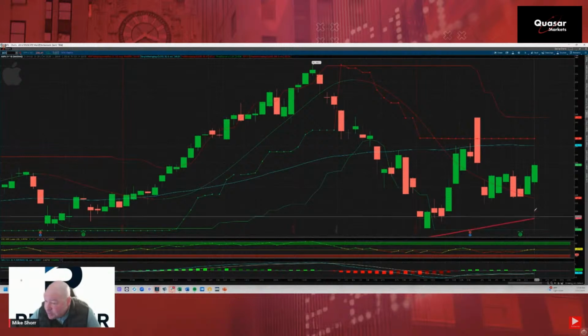So again, range bound between the 50 and the 200. You could play that with an iron condor, but implied volatility is not going to be very high right now. I would have to wait until we got above the 50 for any of these things to take a shot to the upside. Just does seem a little bit capped here.